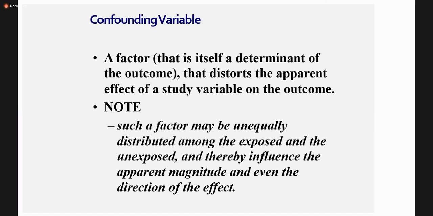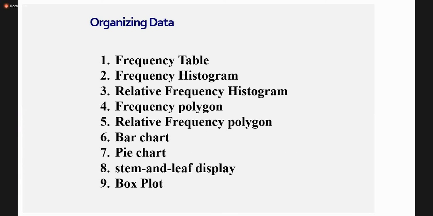To find out whether it is a confounding variable or an intermediate variable, you need to apply a three-prong test. You can search it on the internet, or you can leave it for another lecture when we can discuss it.